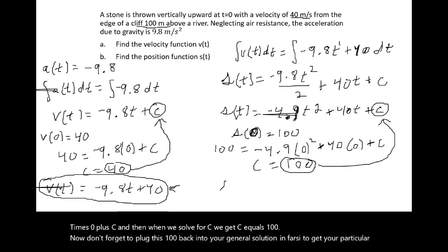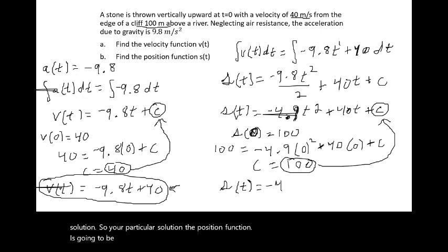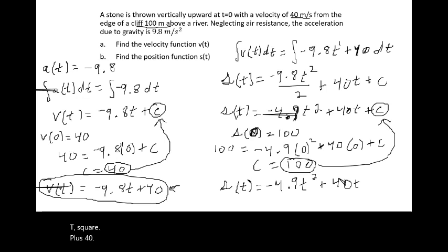So your particular solution, the position function, is going to be negative 4.9 t squared plus 40t plus 100. And that is your position function.